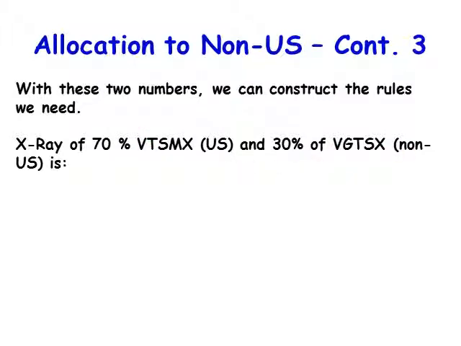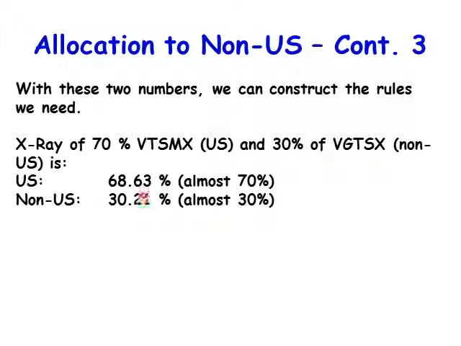First we will figure out how much large cap, mid cap, and small cap are in 70% US and 30% non-US. I used the Excel tool, the premium version at TD Ameritrade. This had 68.63%, almost 70% in US, and 30.21%, almost 30% in non-US.